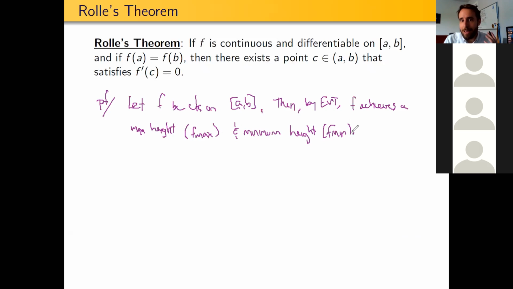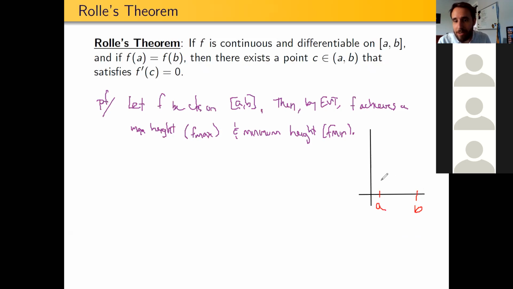And so the argument that we want to make is that at least one of these two will occur somewhere in the middle of the picture, and that will be a point where the derivative is equal to 0.